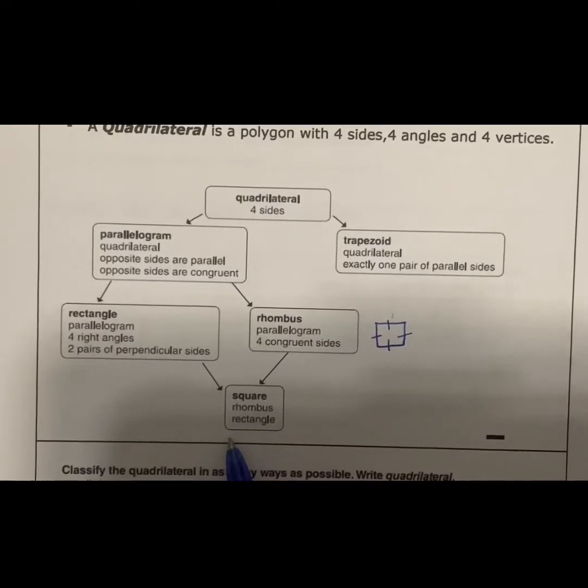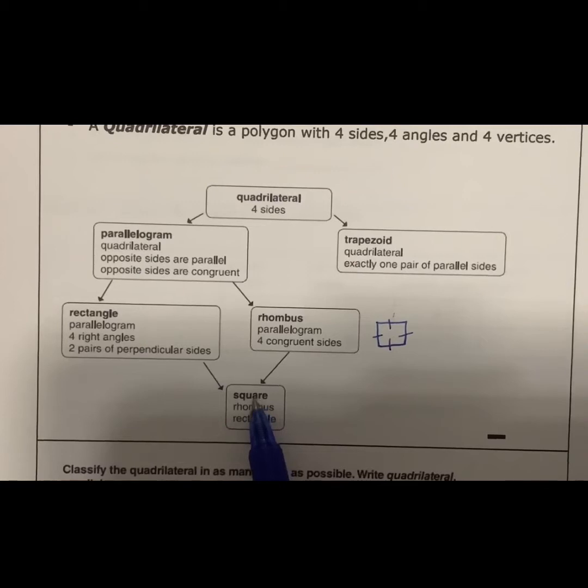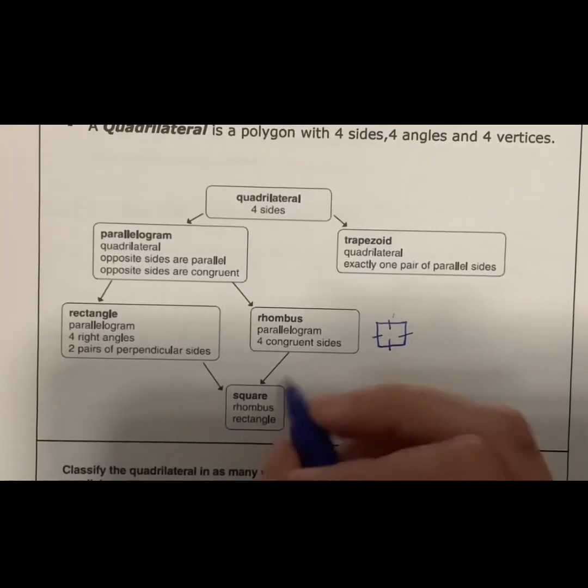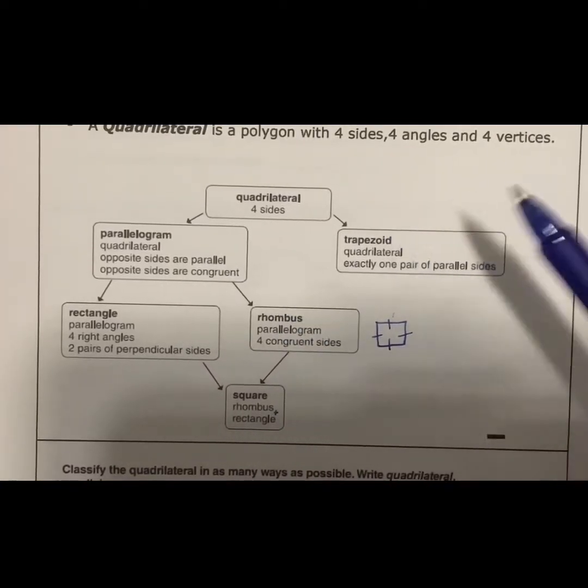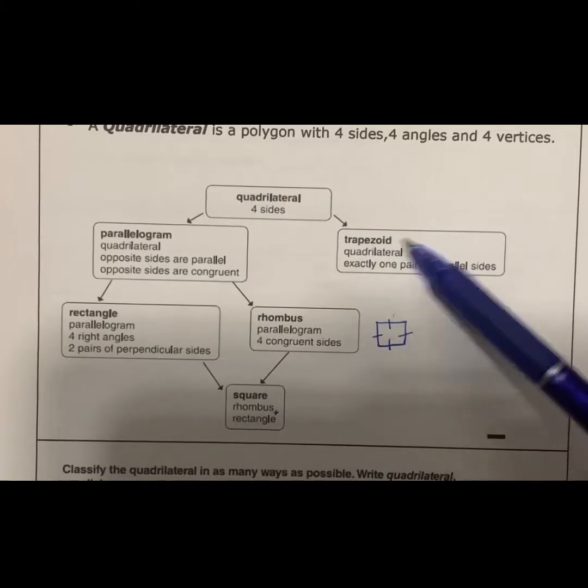And then a square. In order for a shape to be considered a square, it has to be a rhombus and a rectangle. Both. So we're gonna put a little plus sign together. And then of course, let's not forget the last one, the trapezoid.